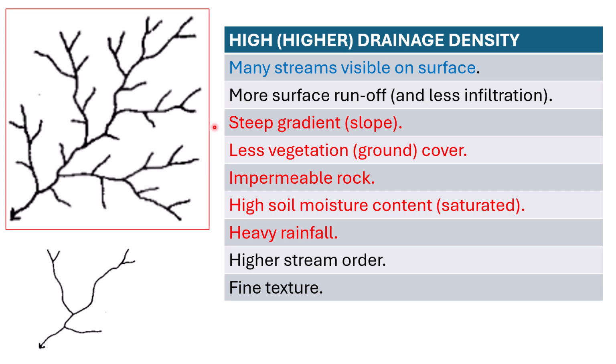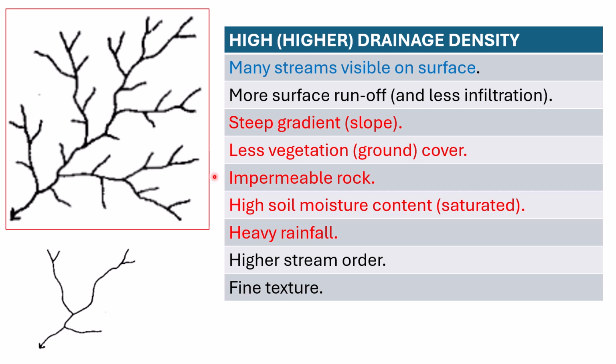We'll have more surface runoff on a steep slope or gradient. That is because gravity is going to pull the water downslope and it will have very little time to soak into the ground. When you have less vegetation or ground cover, in other words, when the vegetation has been removed, we also have more surface runoff.